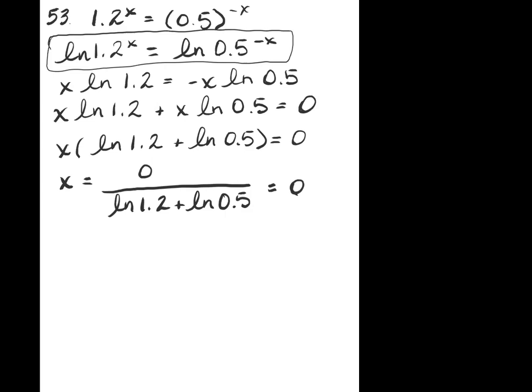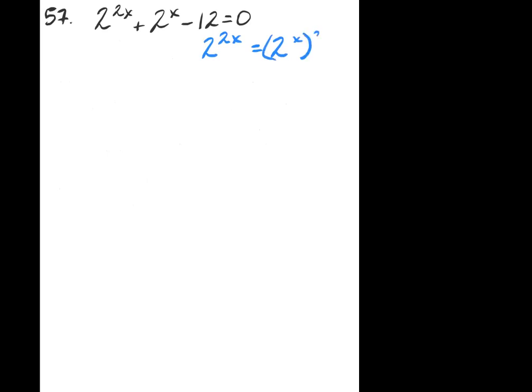Okay. One last one. This one's one that you'll do on the homework, but wouldn't be on a test. It's a tricky one. So 2 to the 2x plus 2 to the x minus 12 equals 0. So what we're going to do is make 2 to the 2x equal 2 to the x quantity squared.